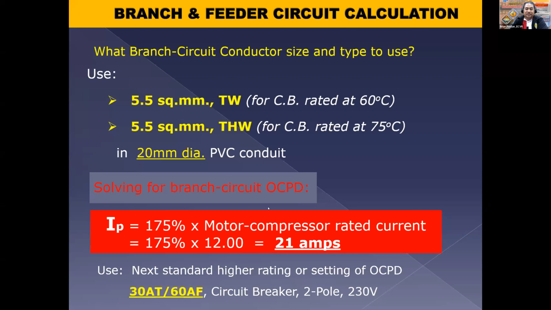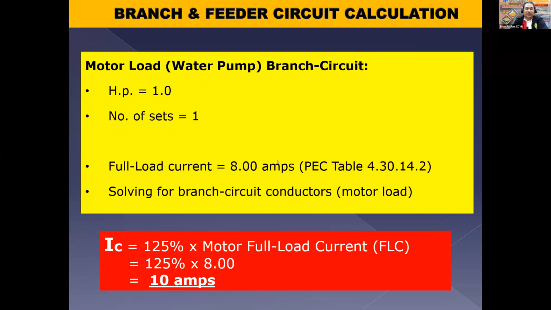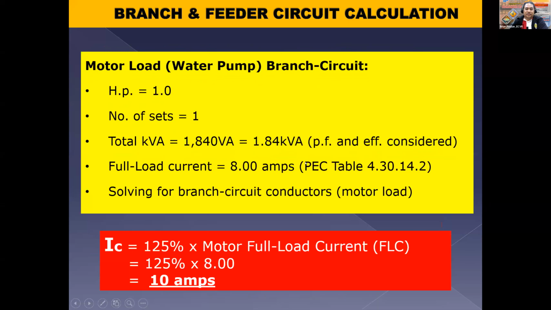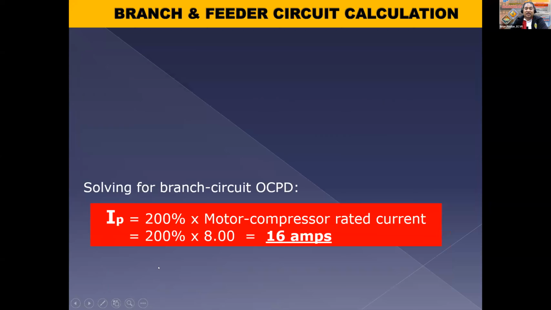Okay, so for motor load na non-hermetic ito, it is rated 1.84 kVA, again all other factors considered. Looking at the spec table, it has a FLC of 8 amperes. So FLC times 125% for sizing our conductors is 10 amperes.